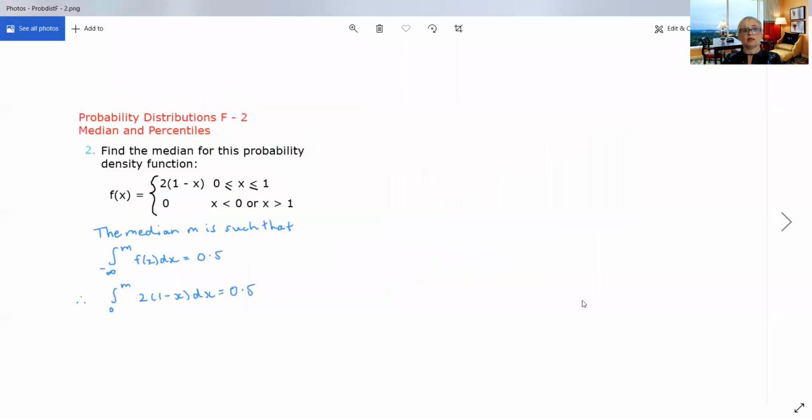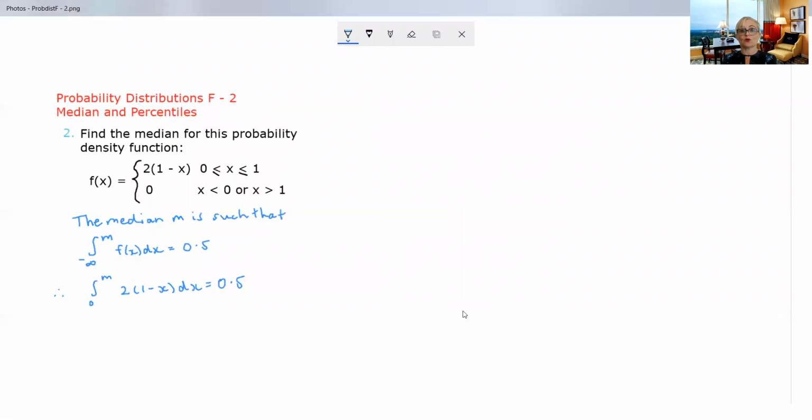So here's an example where we are actually calculating the median, bearing in mind that the median is your 50th percentile. So half the scores are below it. So in technical terms, your median is such that from negative infinity up to m is 0.5. But again, as we usually have, the function is really only above 0 when x is between 0 and 1.